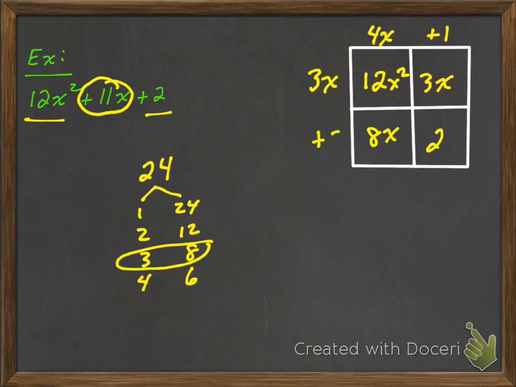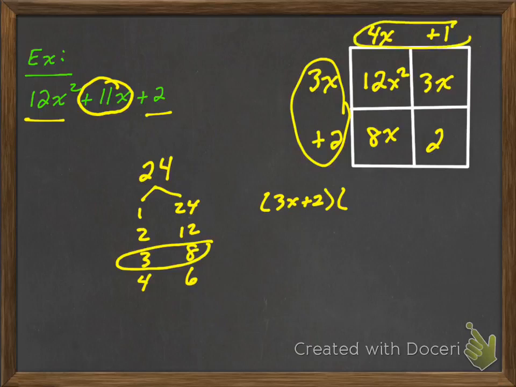And that will be a positive 2. And also 2 multiplied by 1 will give us this 2 right here. All right, so the factoring we have is going to be 3x plus 2 multiplied by 4x plus 1. All right, hopefully this will help you get started on your factoring.